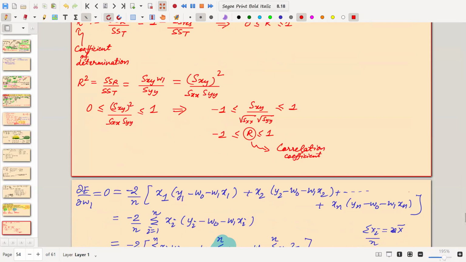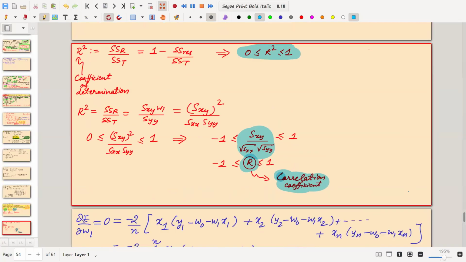R2 is the coefficient of determination, but R, the same thing you might have learned in your probability and statistics course, has turned out very nicely to be the correlation coefficient. You see how nicely this term popped up. Please look into this carefully. R2 can lie between 0 and 1, whereas the correlation coefficient can lie between -1 and 1.